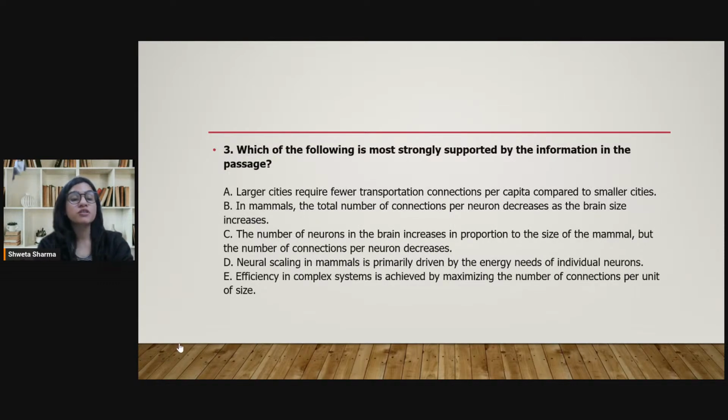Okay, last question for this paragraph. This is a critical reasoning question, strongly supported by the information in the passage. Please have a look at the question and then we discuss it together.